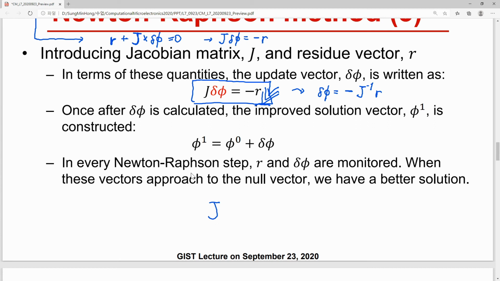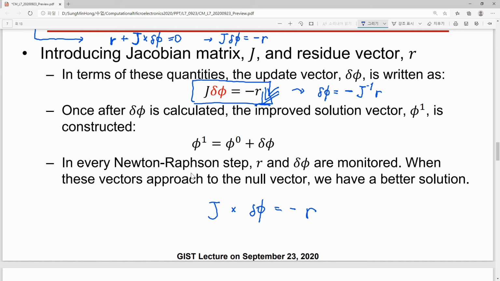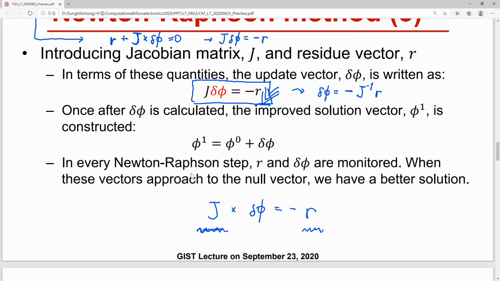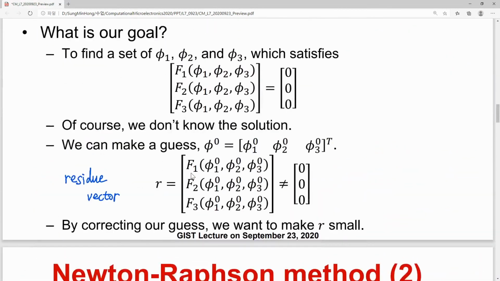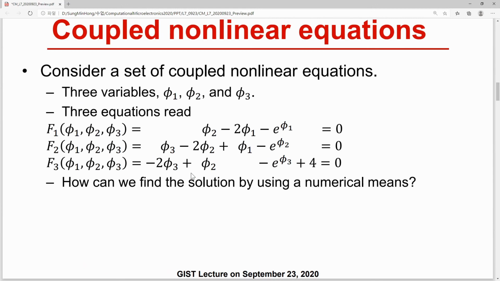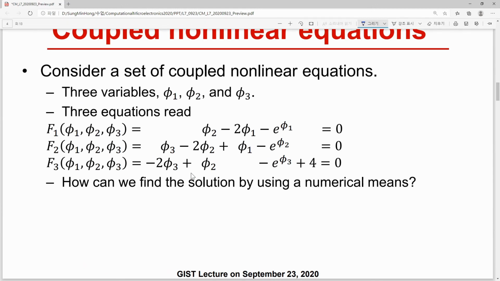So in order to evaluate Jacobian matrix times update vector equal to minus residue, first of all you have to evaluate the Jacobian matrix itself. In this specific example, why don't you just calculate it? The J 1,1 component is by definition partial f1 over partial phi 1. So when you have a look at this, what is the partial derivative with respect to phi 1?